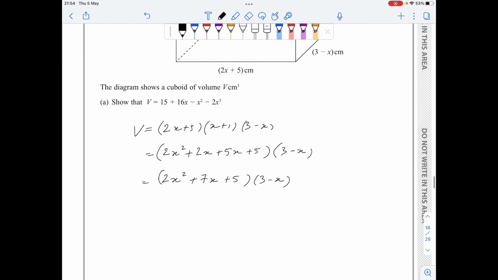And now let's expand this. 6x squared plus 21x plus 15 minus 2x cubed minus 7x squared minus 5x. And if I simplify this, I'm going to get 15 plus 16x minus x squared minus 2x cubed as required.